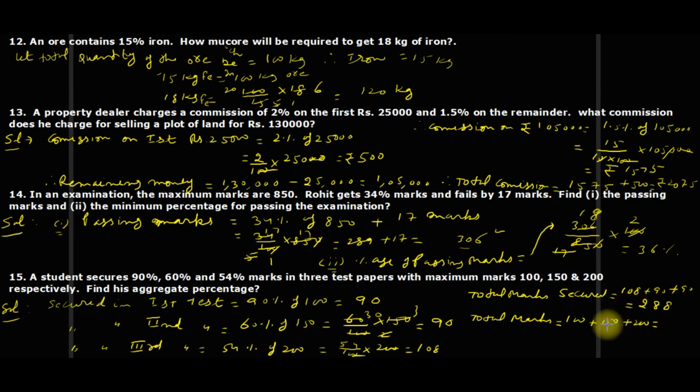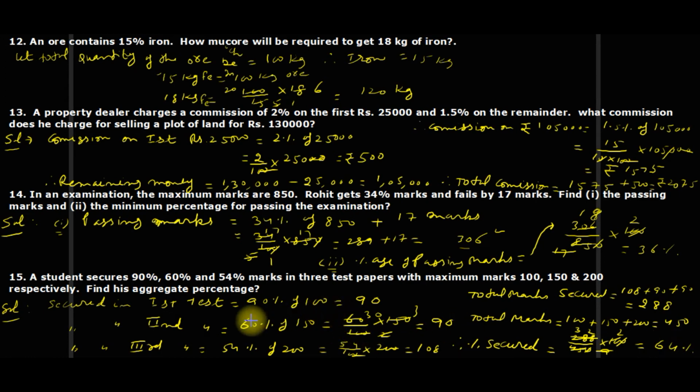So this will equal 200 plus 100 is 300, 300 plus 150 is 450. Therefore percent secured would be 288 out of 450 multiplied by 100. 0 got 0, 5 2 ja 10, 5 9 ja 45, 9 3 ja 27, 9 2 ja. So he got 64%.